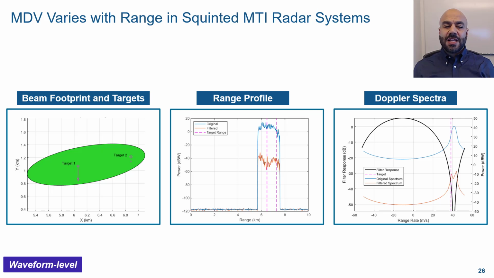So we can see that the asymmetric behavior of this MTI filter can make the analysis complicated for cases where the target is not at the center of the beam footprint along the boresight. And having modeling capabilities would be very beneficial in understanding the minimum detectable velocity of targets at different locations of the main beam footprint.